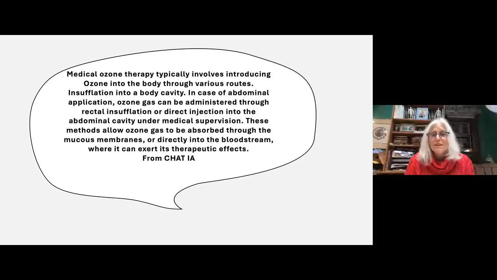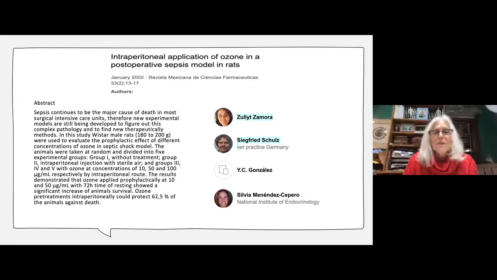So this is getting to be something that people are hearing about, right? So the intraperitoneal application of ozone in a postoperative sepsis model in the rats was done by Siegfried Schulz with Zullyzamaro, and he was the one who really wrote this in 2002, putting it into mice for intraperitoneal ozone injections, and doing it for septic shock.